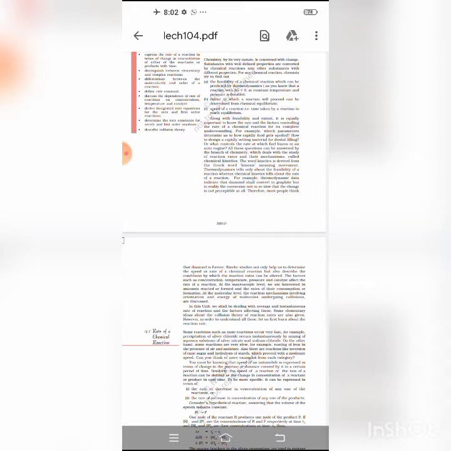Okay. And rate of reaction may be defined as the change in concentration of the reactant or product in unit time.